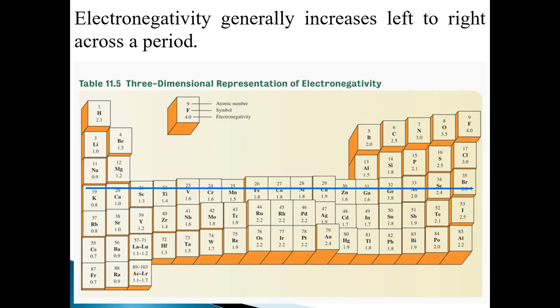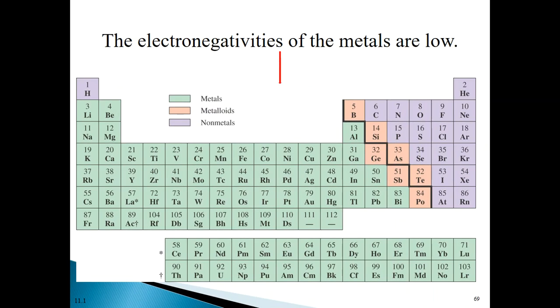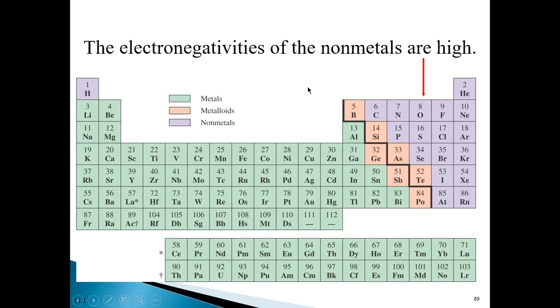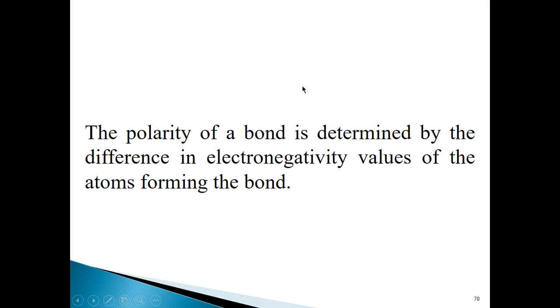There are some exceptions, but the general trend is that there's an increase in electronegativity going from left to right across any period. All right? So this is a version of the periodic table which shows you the metals versus non-metals, and what you'll find as far as electronegativities are concerned is that the electronegativities of metals are low, while the non-metals will tend to have high electronegativities. All right?